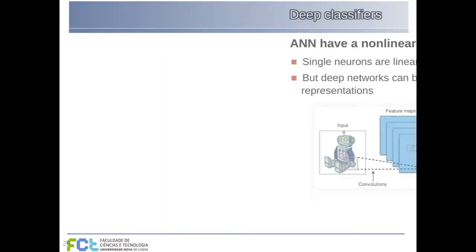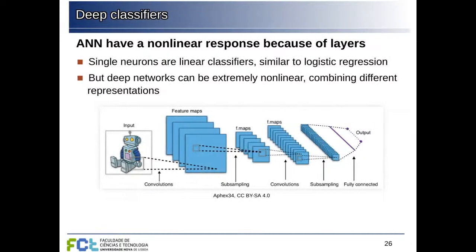Now, with deep classifiers, we have a very different approach. With a single neuron, it's not an advantage because that is just logistic regression. But as we stack neurons with nonlinear activation functions, we can create a model that learns different representations of the data at different parts of the network, and then uses those different representations to solve the problem at the end.